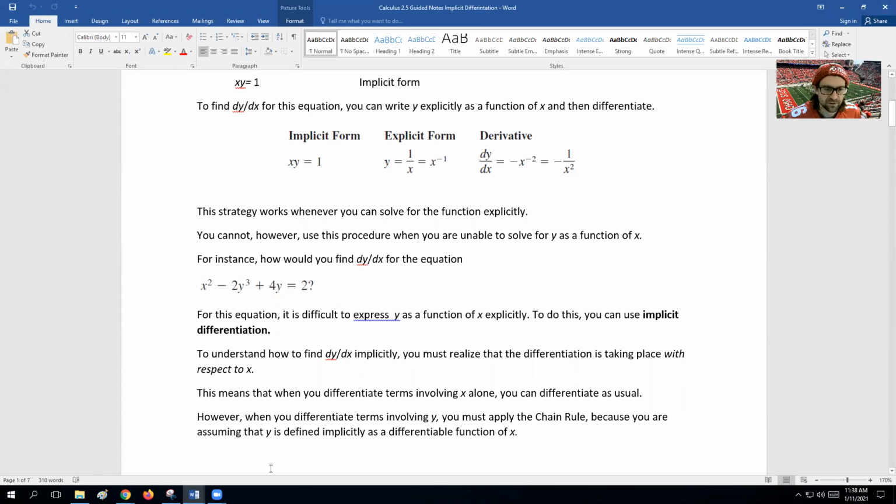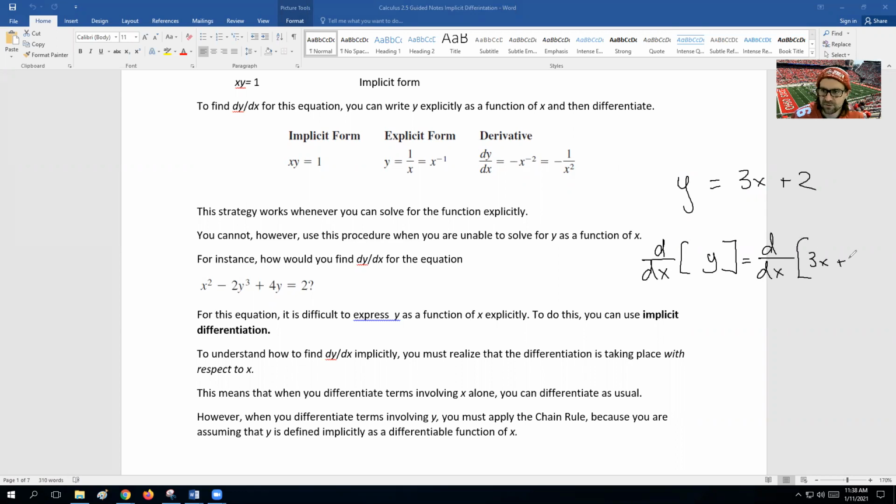So when we take a derivative, if I have a normal equation like y equals 3x plus 2, we say, okay, let's take the derivative. We're saying let's take d/dx of y and d/dx of 3x plus 2. What d/dx means is we're finding the rate of change with respect to x.